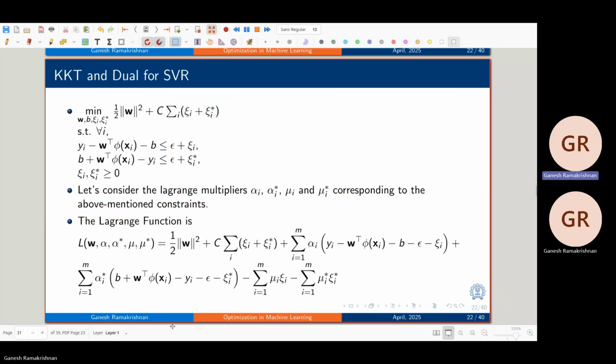You write down the Lagrange function. Quite complex, a lot of terms, nothing to be scared of. You have 1/2 norm W square plus C times this sum, plus alpha times the first inequality, alpha star times the second set of inequalities, mu I times xi I, and mu I star times xi I star.